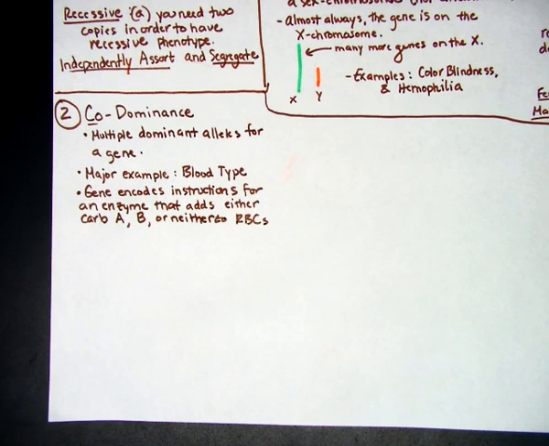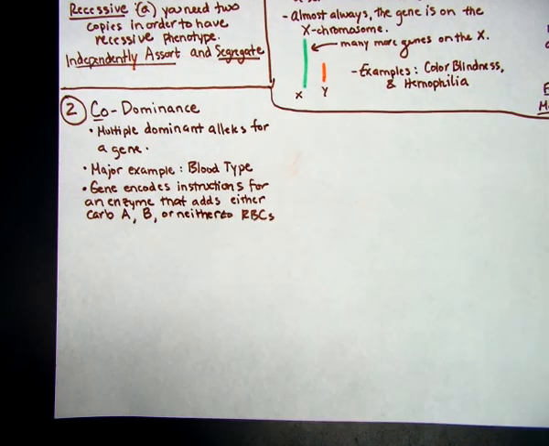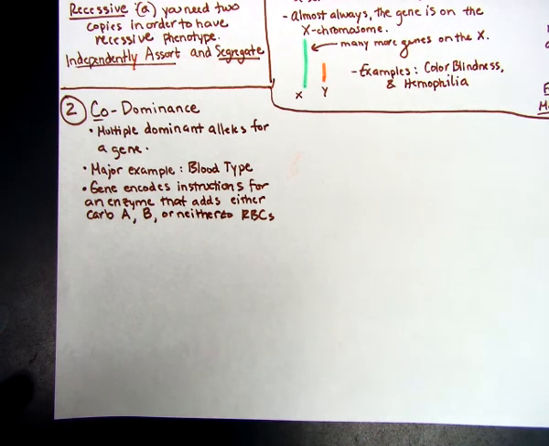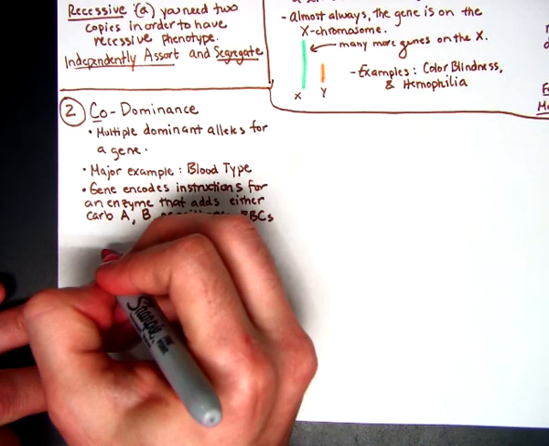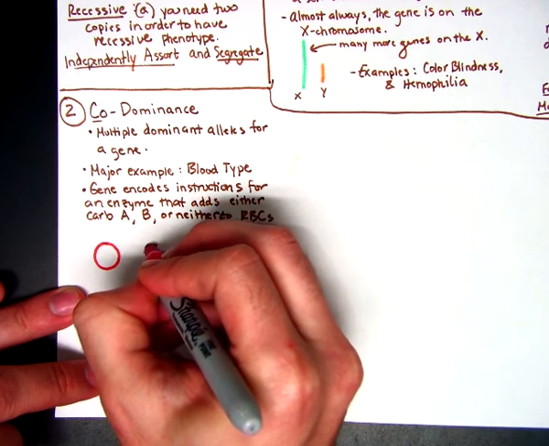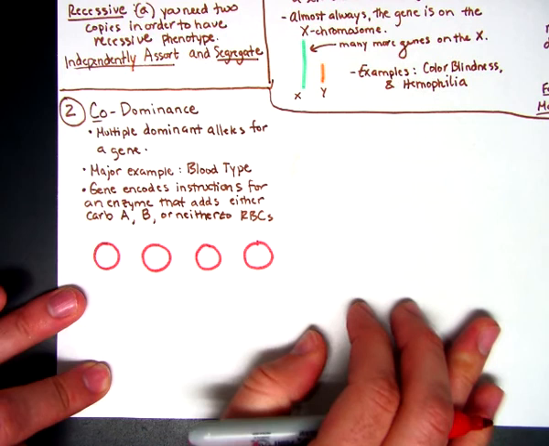All right. Now you've probably heard of the major blood types, type A, AB, B, and O. We'll get to the positive and negative thing a little bit later. But those major categories, A, B, AB, and O. So if you look at a red blood cell, we're going to draw 4 of them. 1, 2, 3, 4.